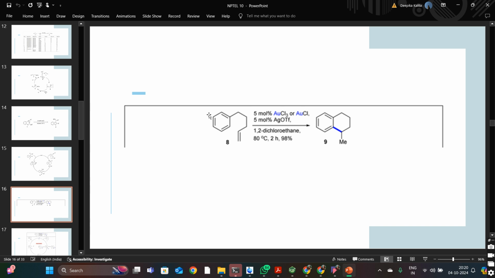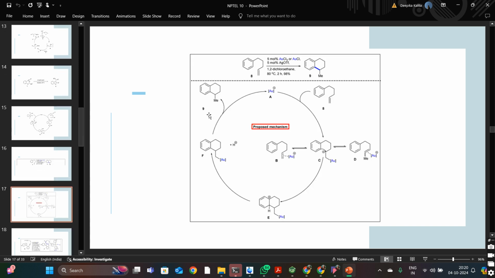Then we came across this hydroarylation reaction, which was gold and silver catalyzed, which started with the gold activation of the alkene followed by hydroarylation and aromatization.